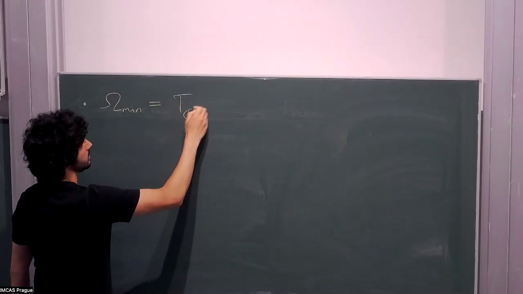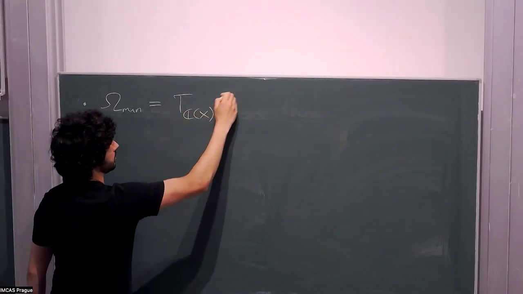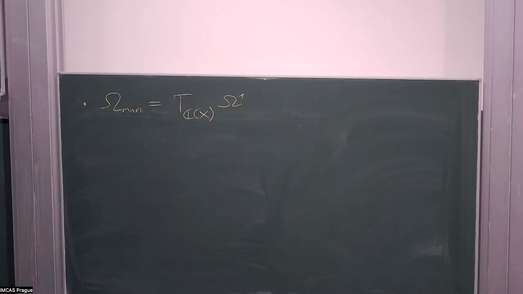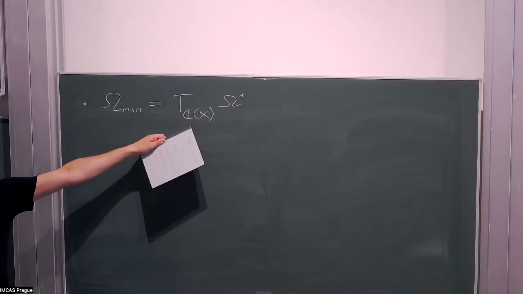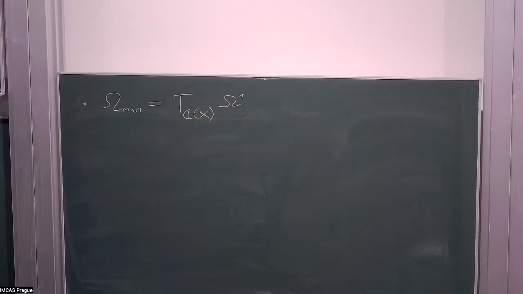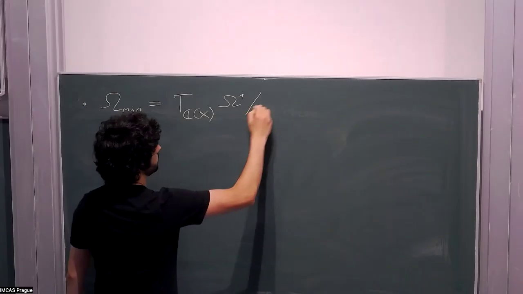This is essentially the tensor algebra of omega 1 over this base algebra. This just means that we're taking the tensor product over this algebra, with some relations.